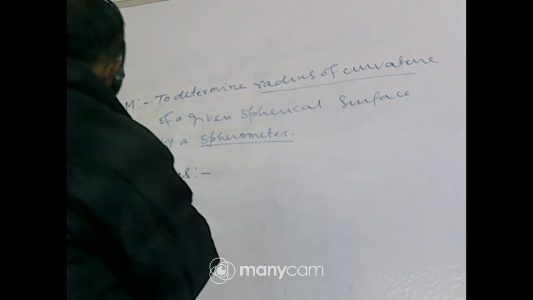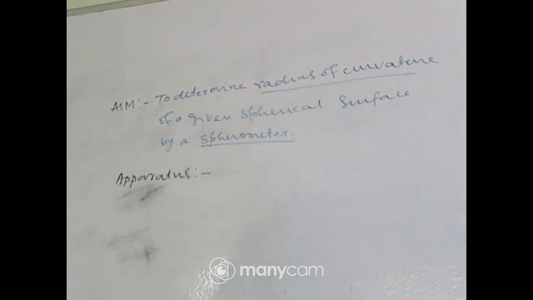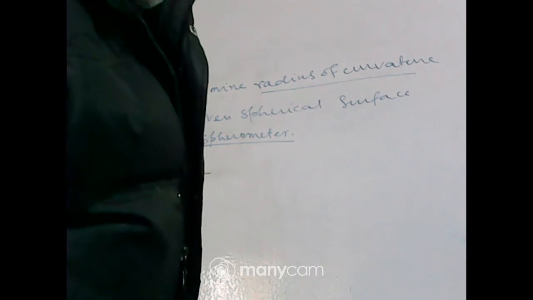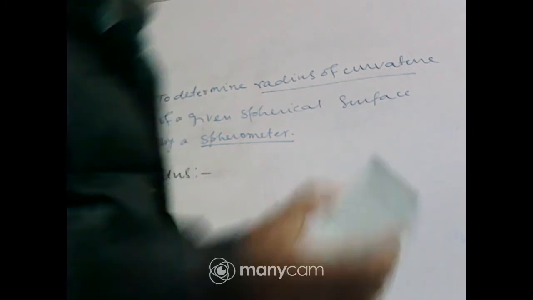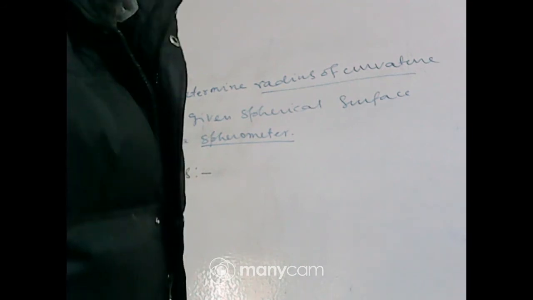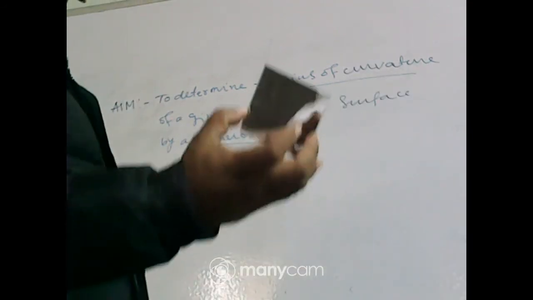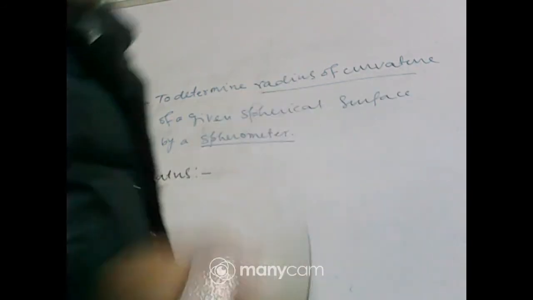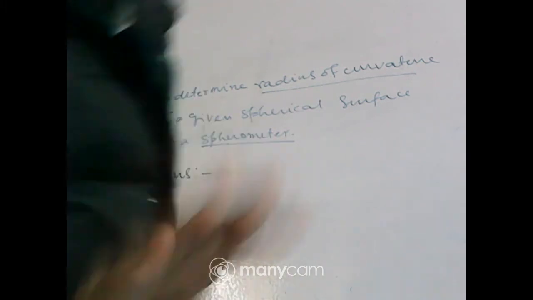Big size glass slab or a plain mirror. This is the big size glass slab. First you see it, and next is, or with the help of a plain mirror. Am I clear? So those are the apparatus.